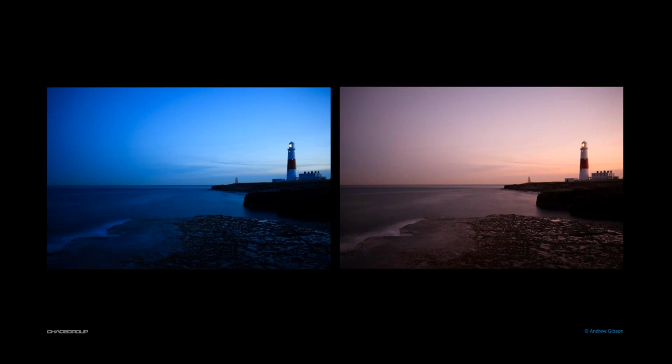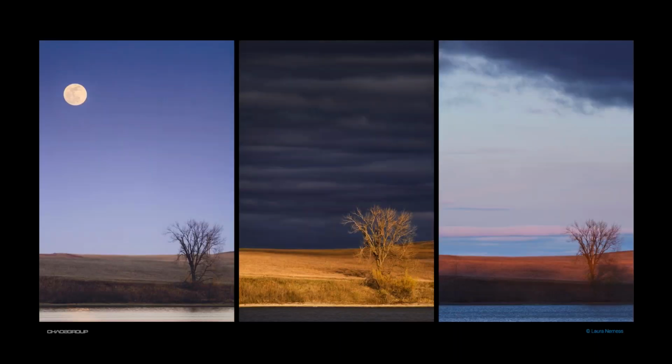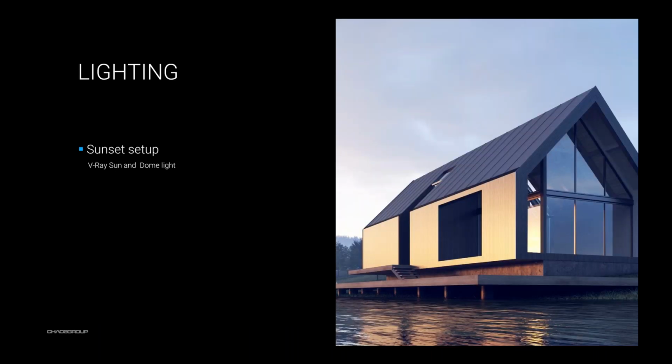As you can see right here, we have absolutely the same geometry. It's a real life photo, but we can see that with different lighting, we can achieve a totally different mood here as well. Absolutely the same place, but with different lighting, and we have totally different moods. So let's see all of the shots one by one and explore the lighting.